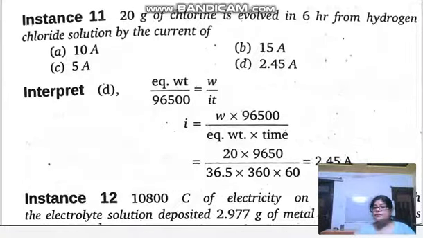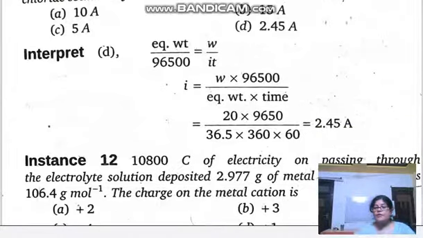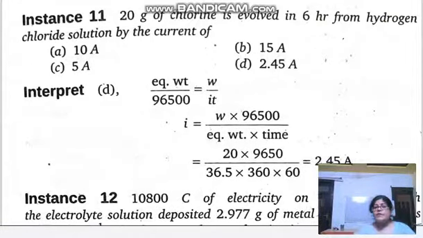Okay, clear? So now we have to find the current. We have the formula I is equal to W into 96500 over equivalent weight into time. Clear? Now understand where this formula came from. Now we put in all the values. The weight here is 20 gram. This is the Faraday number, 96500. The equivalent weight is 36.5. Why?